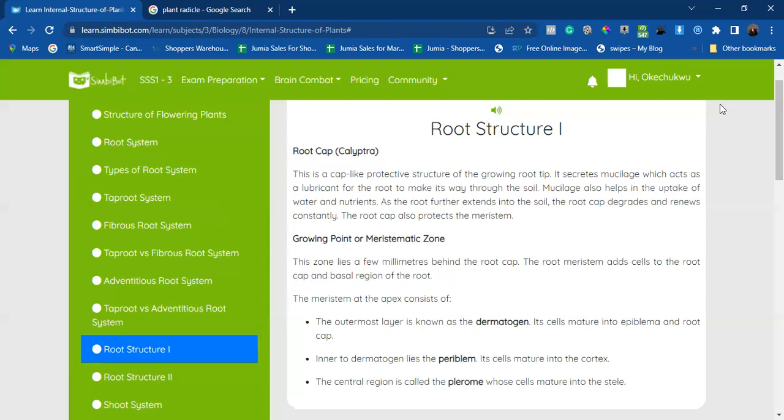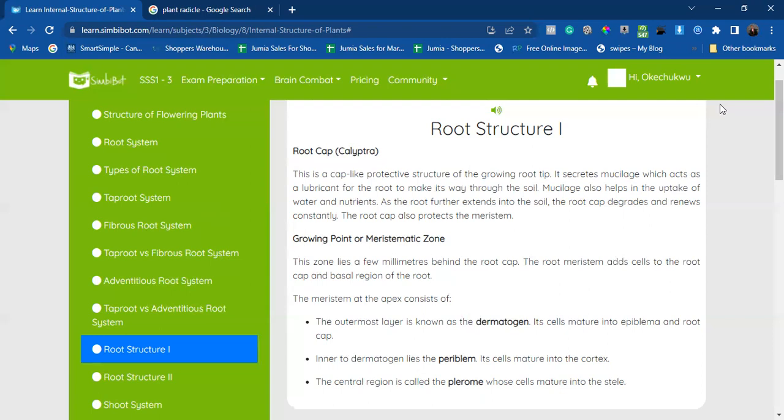Just like you wear your cap and it protects you from the heat of the sun, the root cap provides a form of lubrication for the plant roots to make their way through the soil.